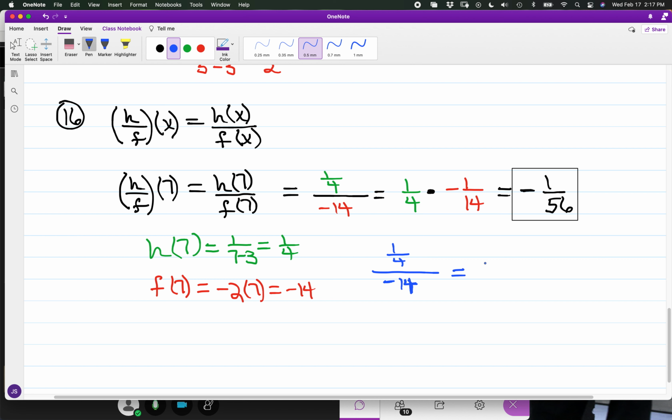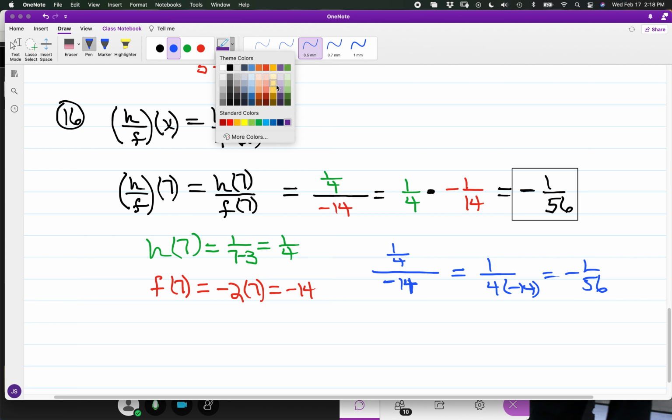What I did, essentially, is 1/4 divided by negative 14 is the same as 1 over 4 times negative 1/14, and that's negative 1 over 56.